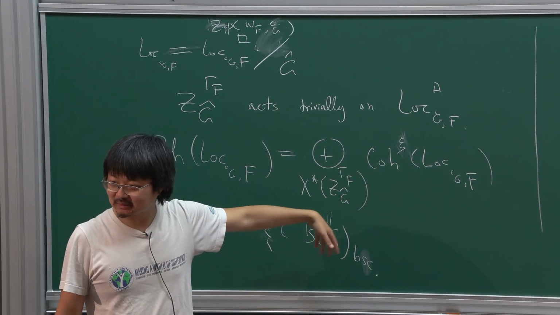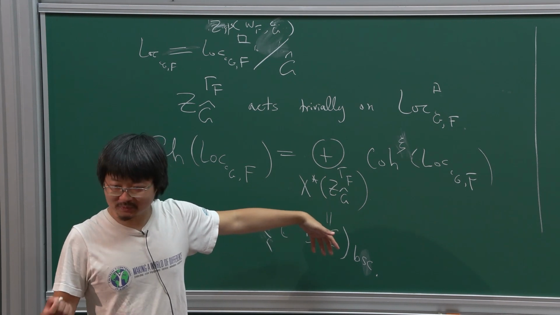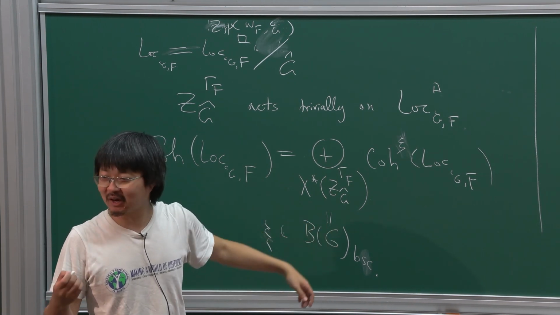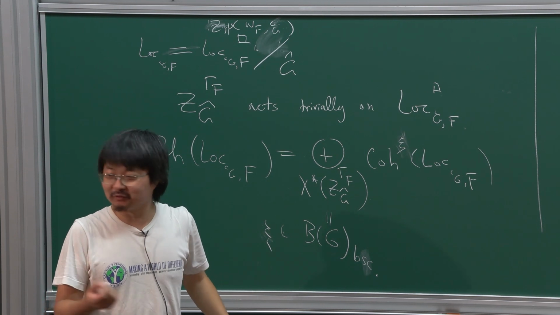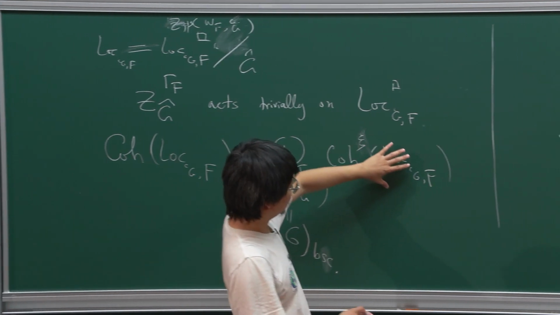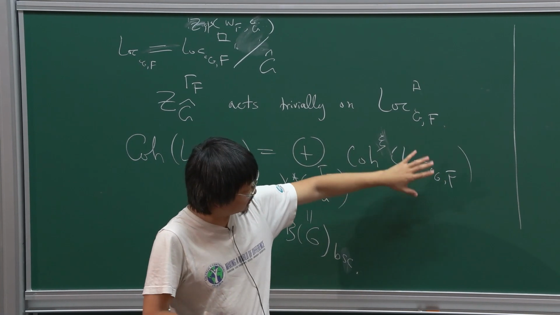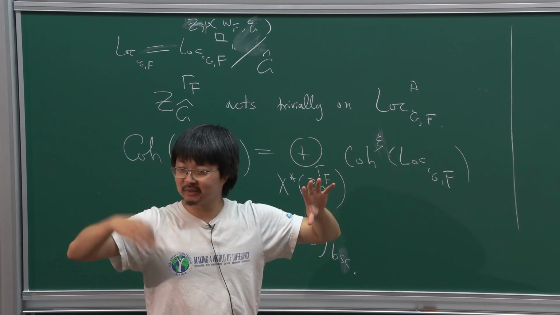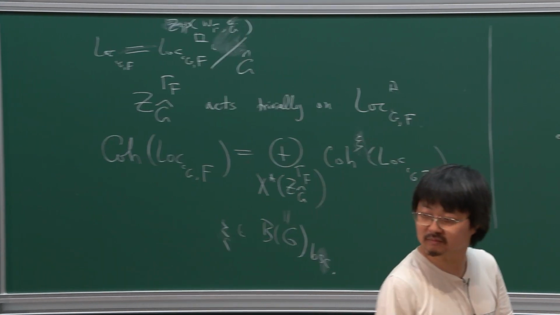The group is the same, all are GM, but you regard them as different extended pure inner forms. And in this case, as I said, the stack is basically one component times BGM.